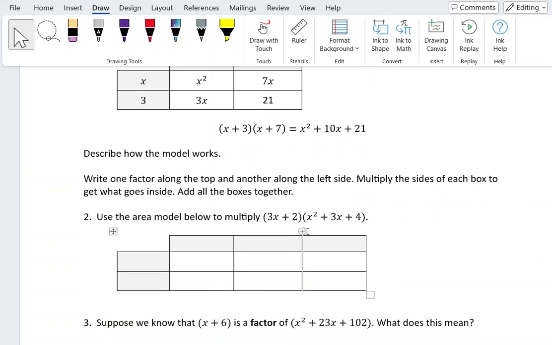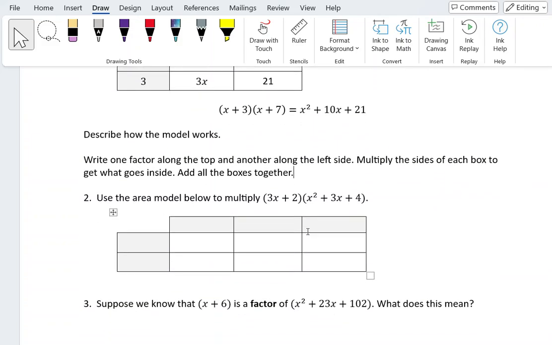So we're going to do another example here in number 2. I'm going to switch to my drawing tablet here just to make it a little bit easier to see what I'm doing. So we're going to put 3x plus 2 in the two boxes along the side, and then x squared plus 3x plus 4 in the boxes along the top.